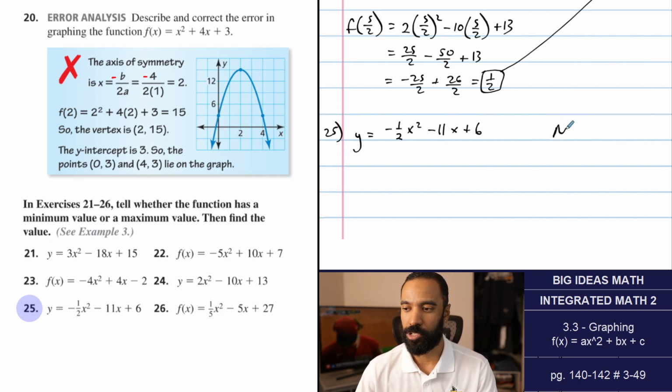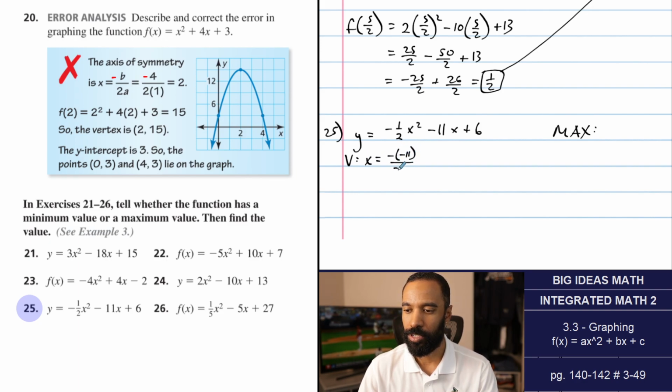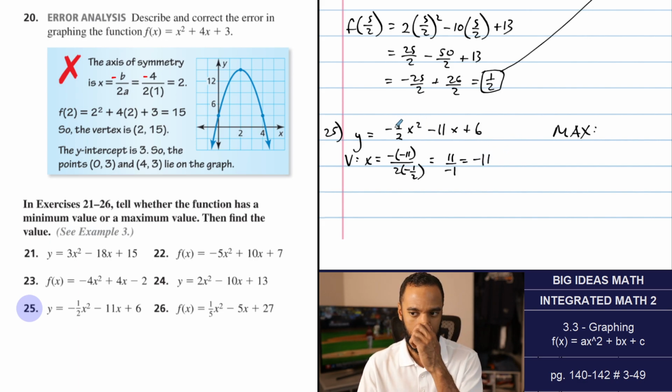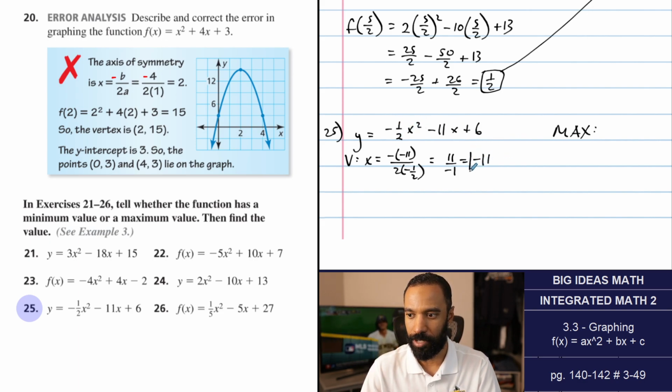It is a maximum. Let's find the x value of the vertex and use it to find that y value. So the x value is negative b over 2a. 2 times negative 1/2 is negative 1. We have positive 11 over negative 1, which is negative 11.